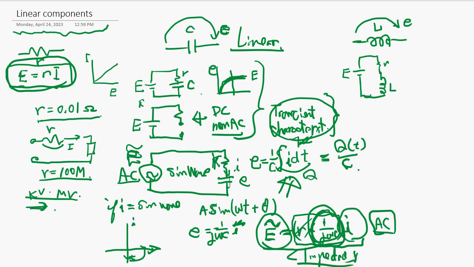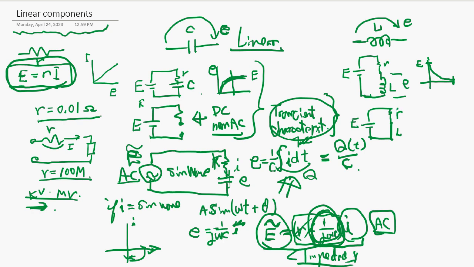What happens is the voltage across the inductor initially takes the entire voltage, and it comes down to 0. And 0 means after a while it becomes a short circuit.